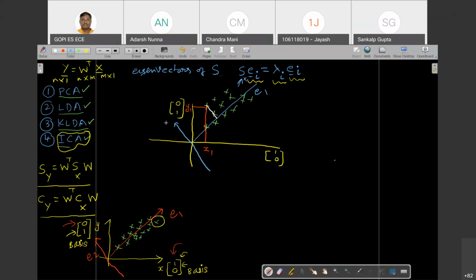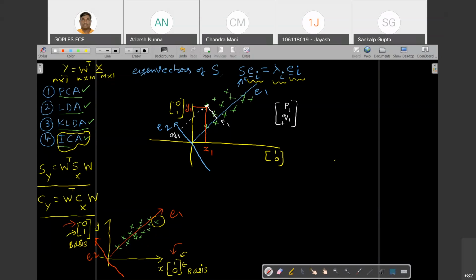This is E1 and this is going to be your E2. So project this vector onto the basis E1, and then do the projection onto E2. So you get some other values. Let us say this is going to be your P1 and this is going to be your Q1. The same vector is now being represented using P1 and Q1.